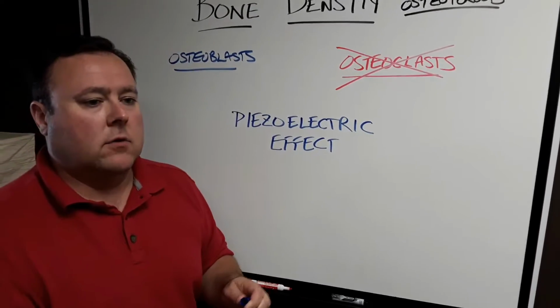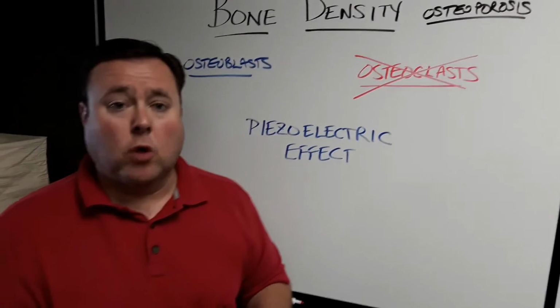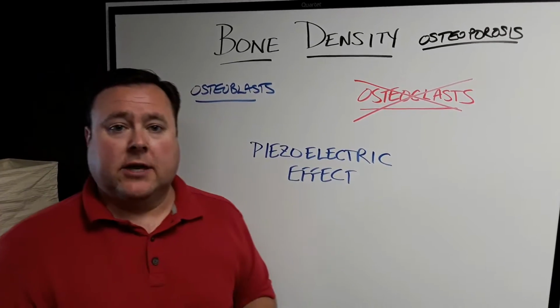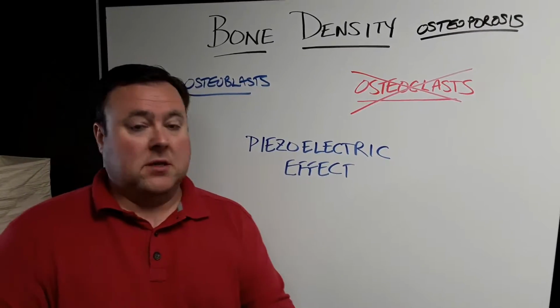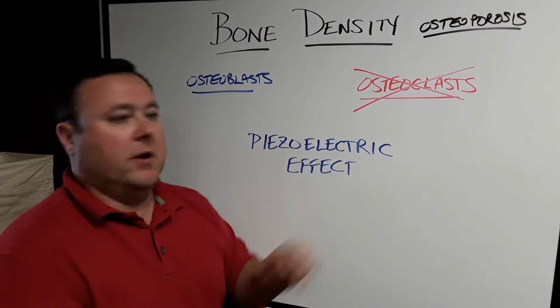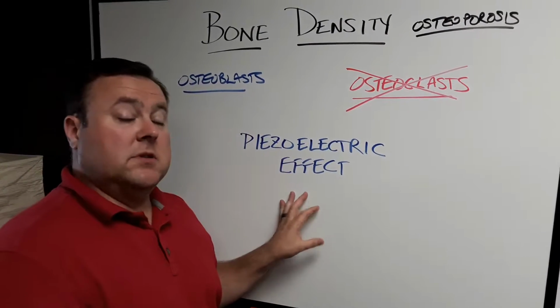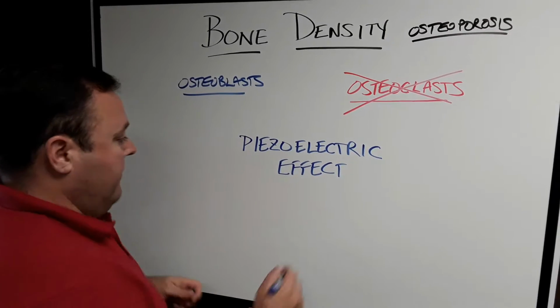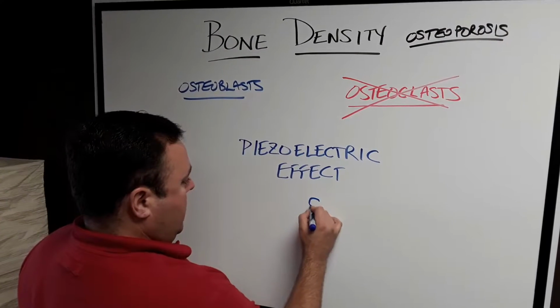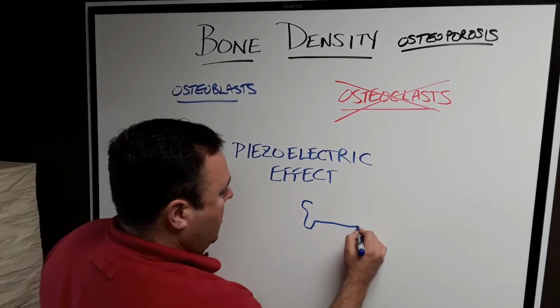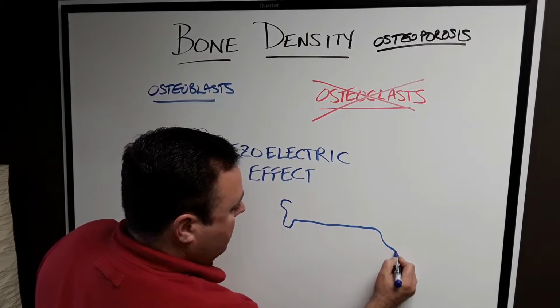If you've ever rung someone's doorbell, you've experienced the piezoelectric effect, or if you've ever buzzed an electronic buzzer. But in terms of our bodies, the way this works is if we have a bone, let's say a femur, it kind of looks something like this. And I'm a horrible artist, so please don't judge me based on this.